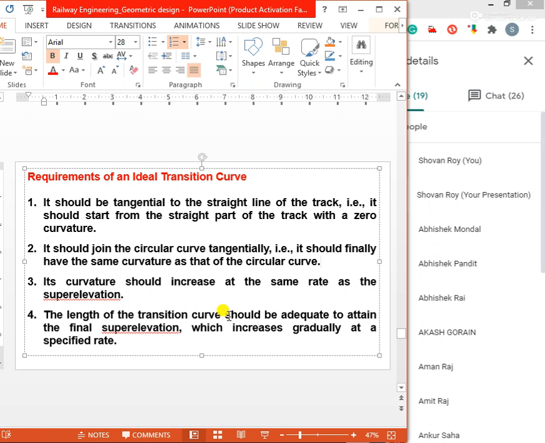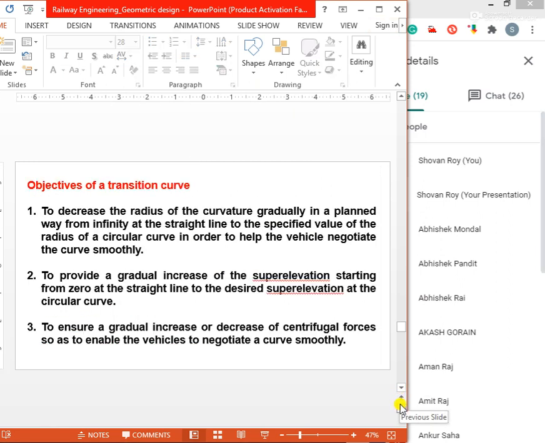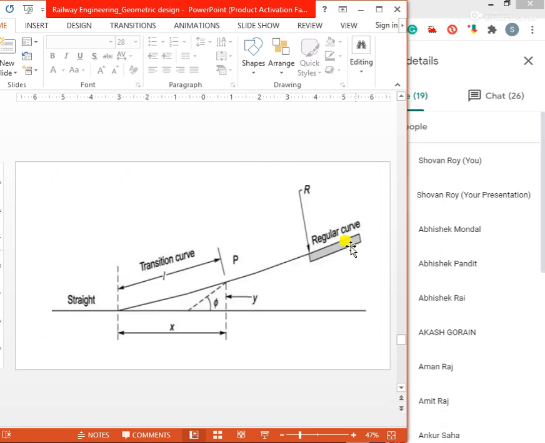The length of the transition curve should be adequate to attain the final super elevation, which increases gradually at a specified rate. These are the requirements of an ideal transition curve, and after these requirements, this is the actual transition curve.